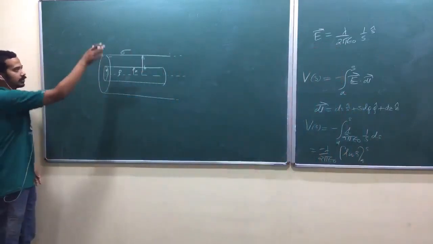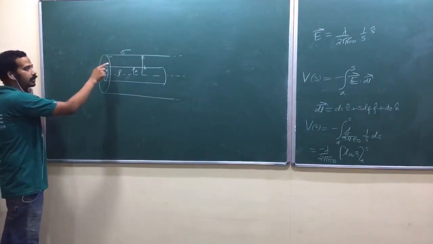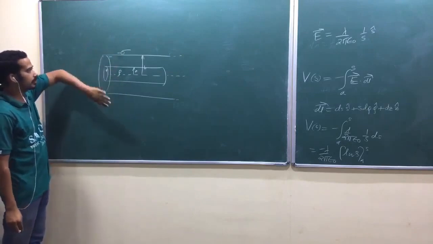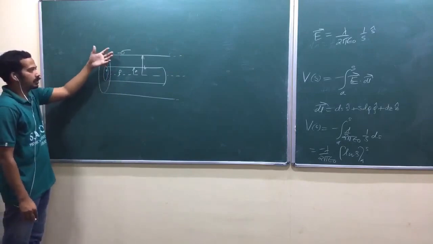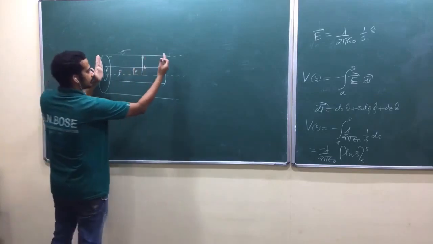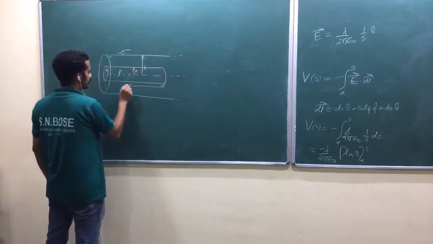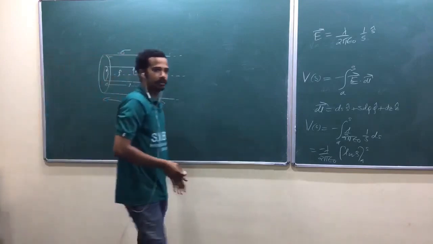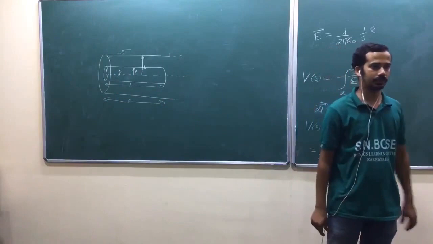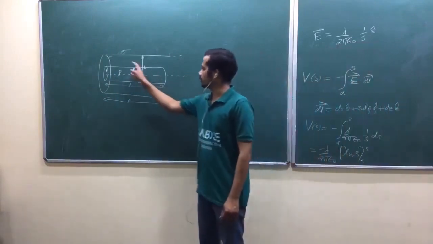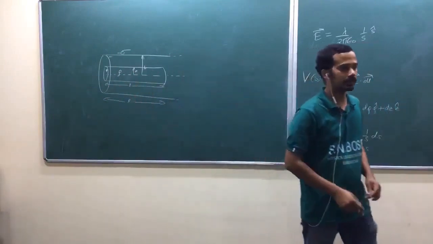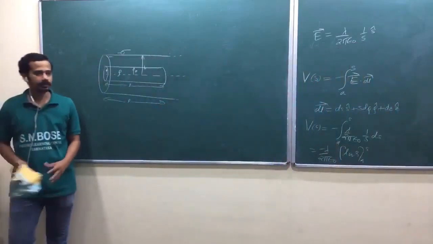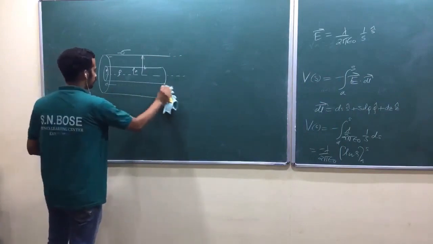The surface charge is negative. You have to write minus sigma. So the total amount of surface charge, if you take any cross section, suppose I have taken length L, is equivalent to the total volume charge inside. The negative surface charge outside is equal to the total positive volume charge inside. They will cancel each other out, so we can say it is electrically neutral. Let me read out the sentence. Wait a second.